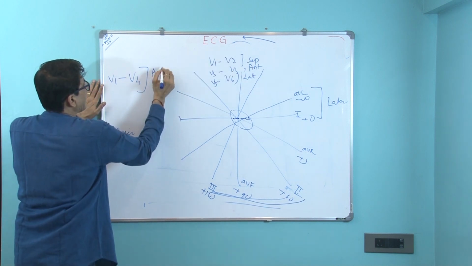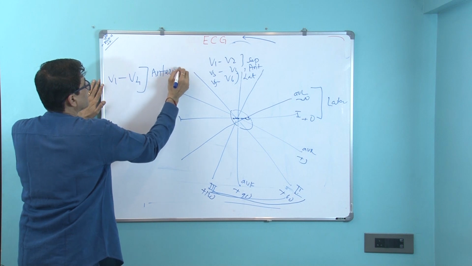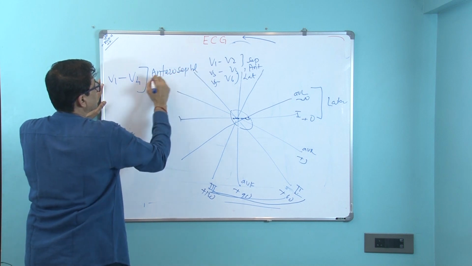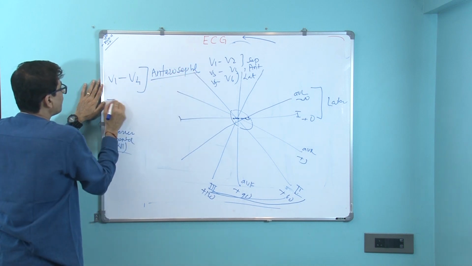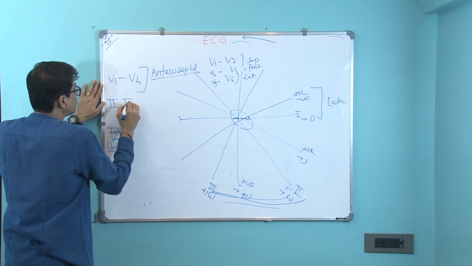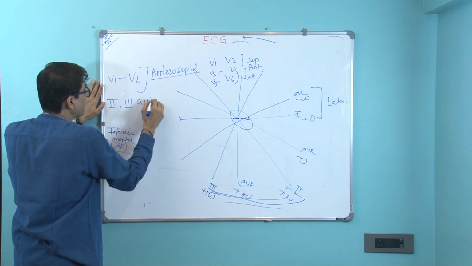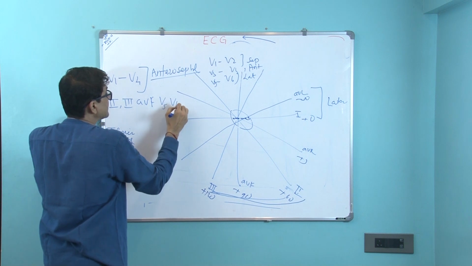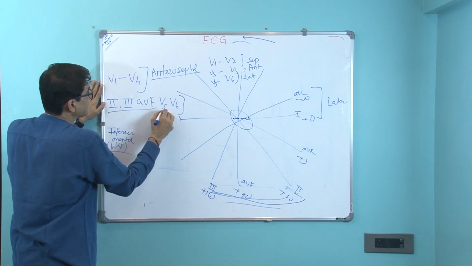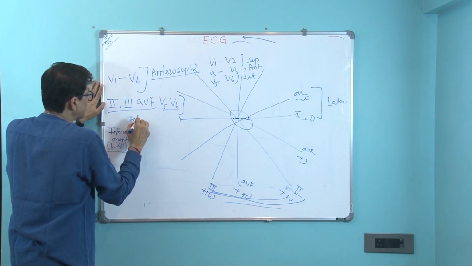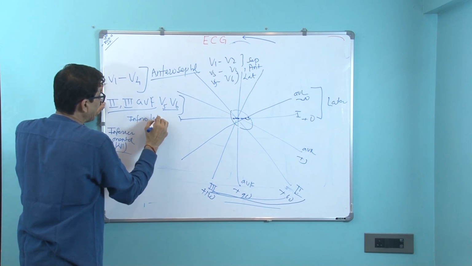Many times you find changes in V1 to V4; that time you call this anteroseptal. Many times you find changes in 2, 3, AVF, V5, V6. This is inferior, this is lateral, so it becomes inferolateral.